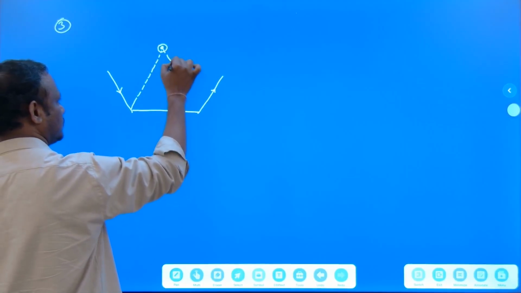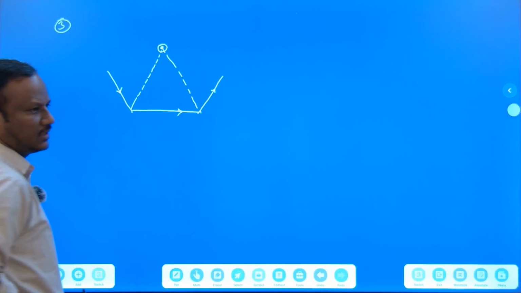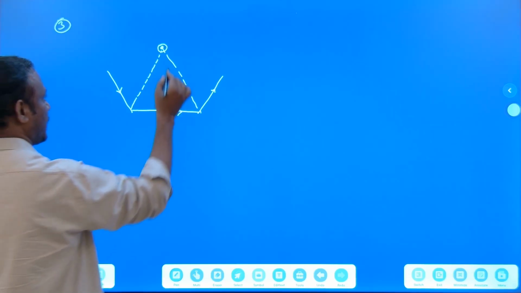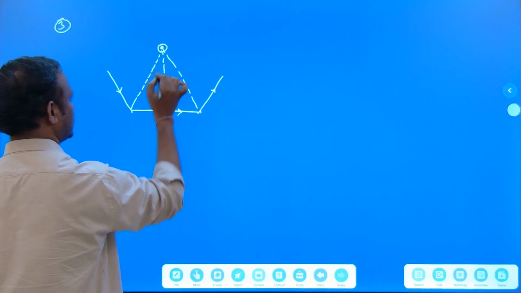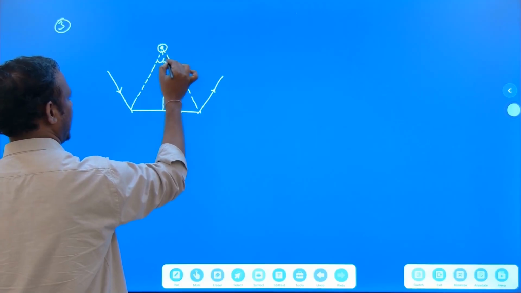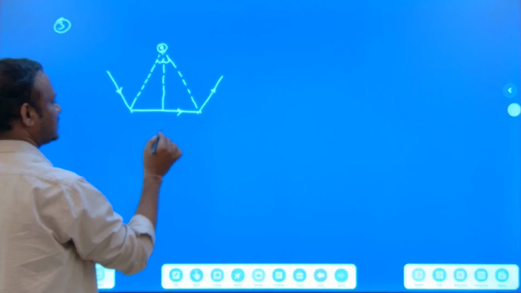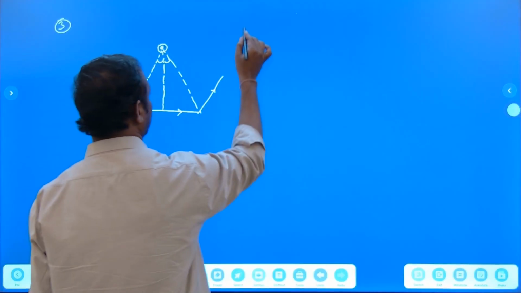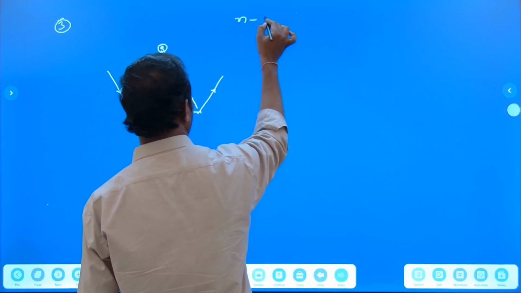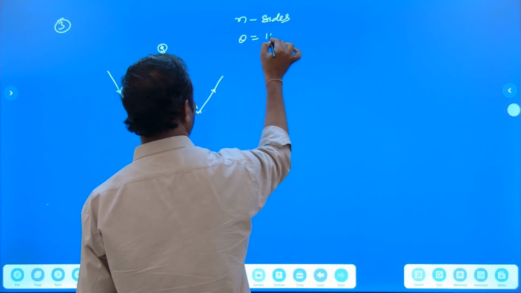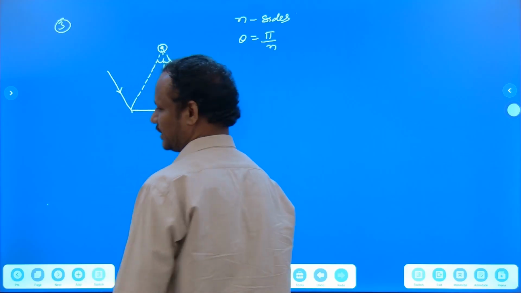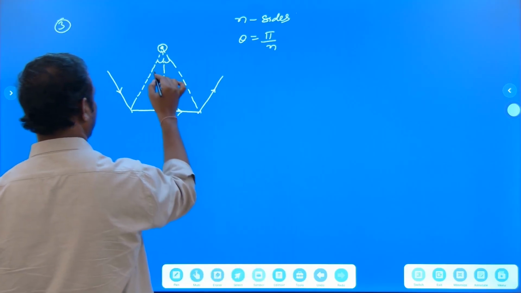This is the perpendicular distance, and these are the angles. So what must be the angles? How many sides do you have? N number of sides. Theta is equal to what? Pi by n. So this must be pi by n.